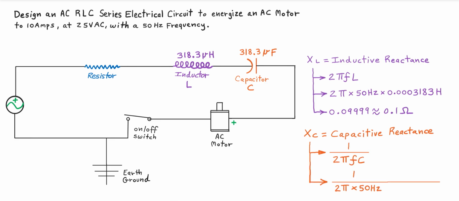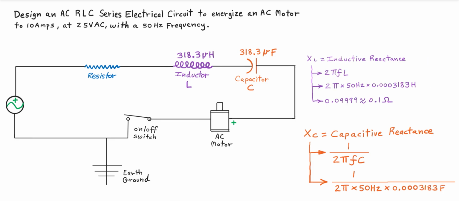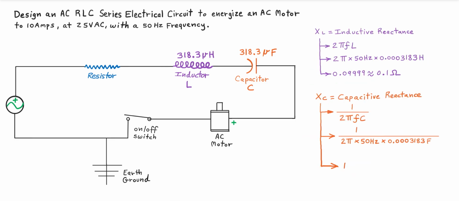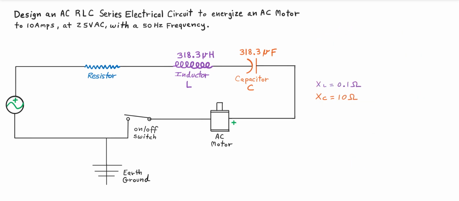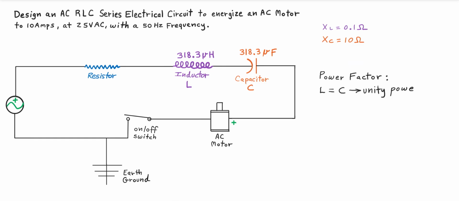So upon doing so, we may not get equal 1 ohm values. So we actually do not, but what matters is that the inductance and the capacitance are equal. So the power factor is actually unity power factor of 1.0. So this simplifies the design and accuracy.